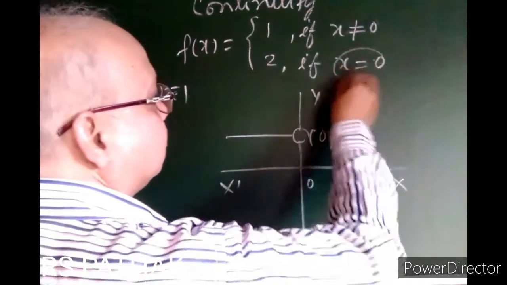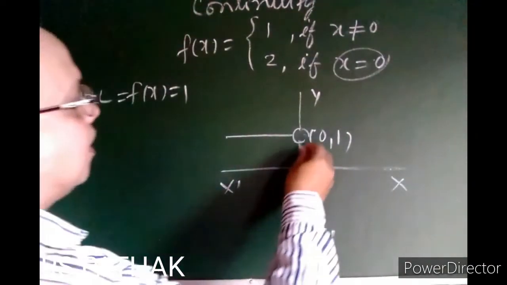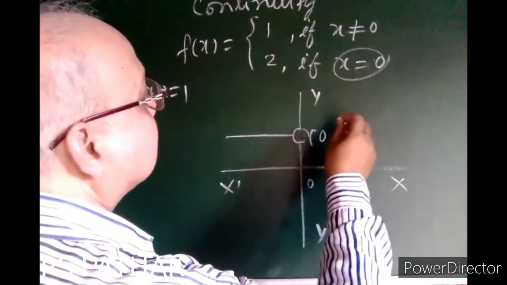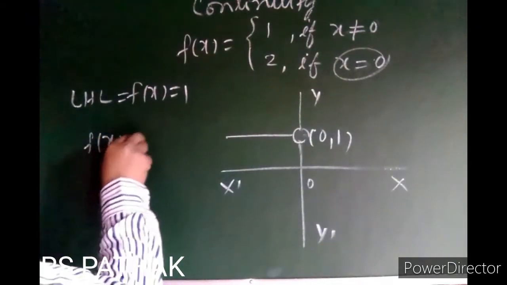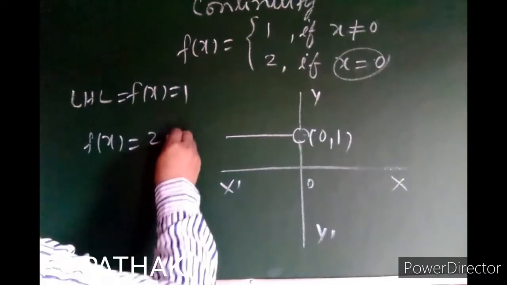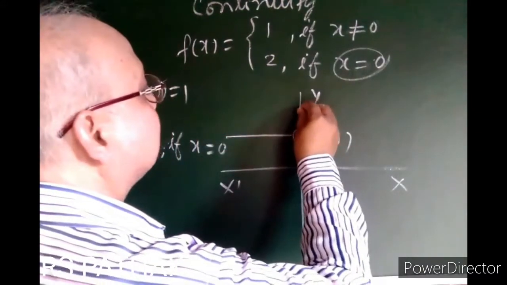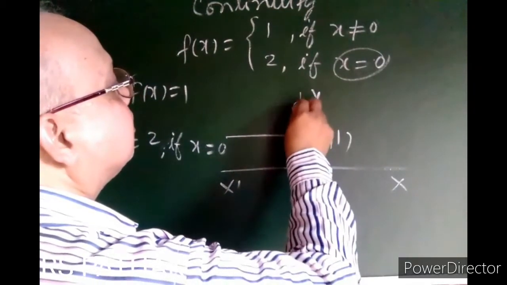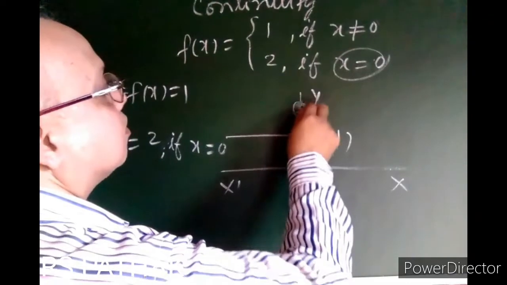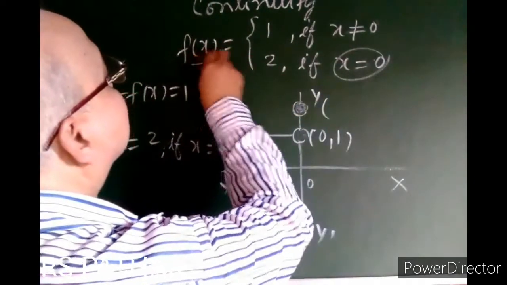And for x equal to 0, f(x) is 2 if x equals 0. If x is 0, it means 0 will be included. Here 0 will be included, then the value of the function is 2.